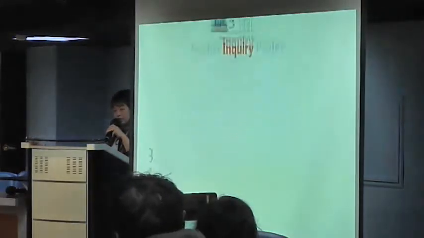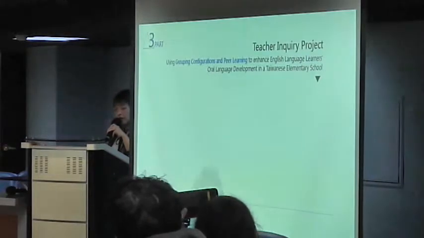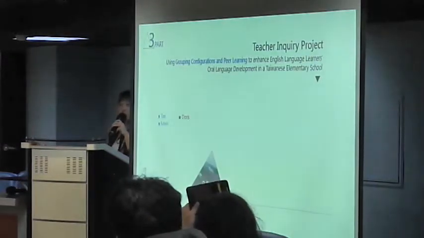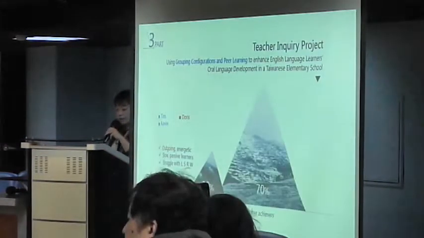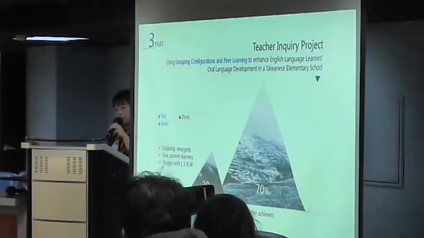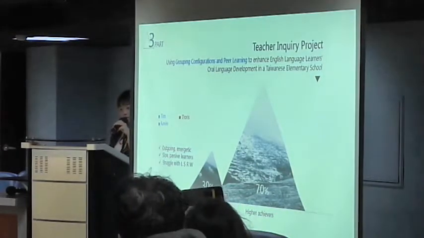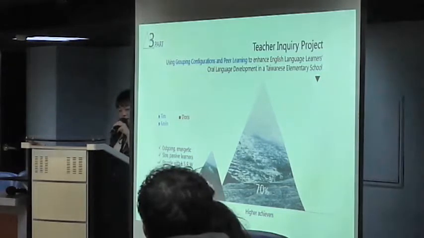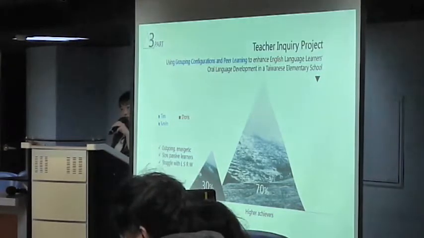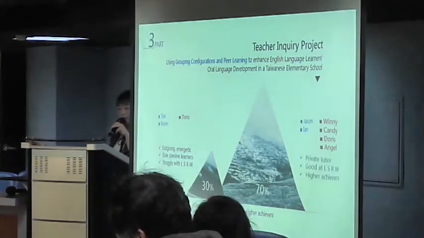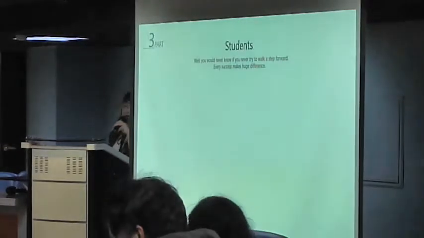So yes, sticking to my teacher inquiry project, I'm mainly focusing on the grouping. In my class, 70% of students are higher achievers, but there are a lot of students who don't have patience to learn English. But during the club project, I knew that you never know if you never try to take a step forward. Every small success makes a huge difference.